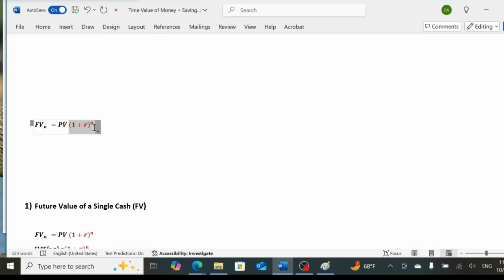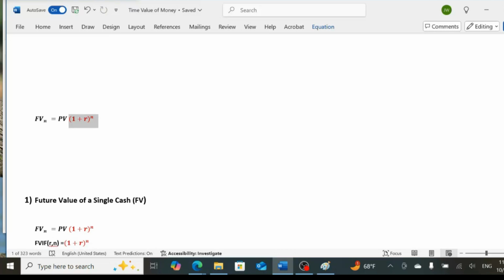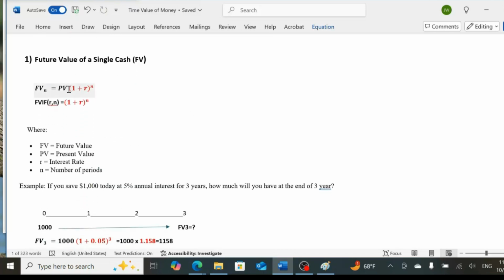We call this expression the future value interest factor. What does that tell us? It tells us how much $1 will grow in the future. This is like an exchange rate, enabling us to exchange today's $1 into a future equivalent amount.